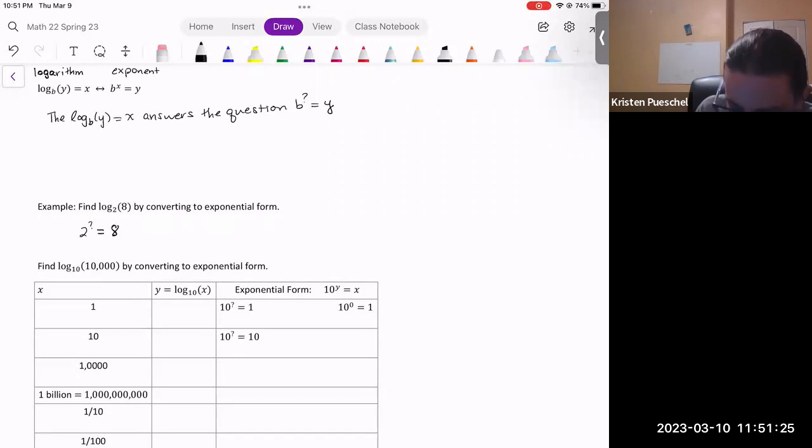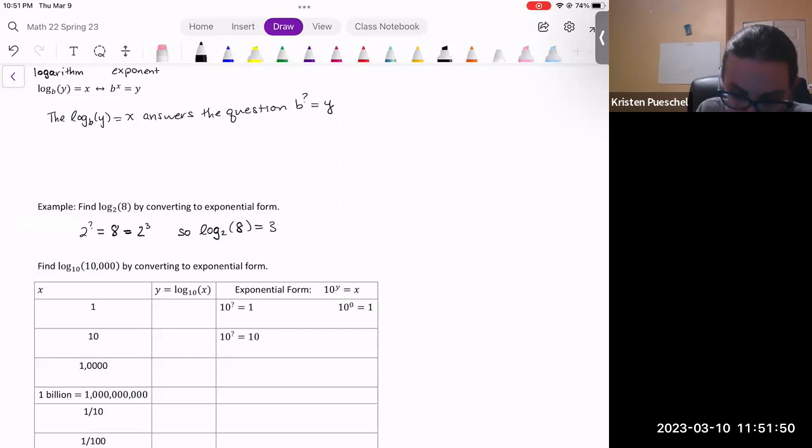And rewriting 8 as 2 cubed, the log base 2 of 8 is equal to 3. It's telling you the exponent we need so that b to that exponent is 8.